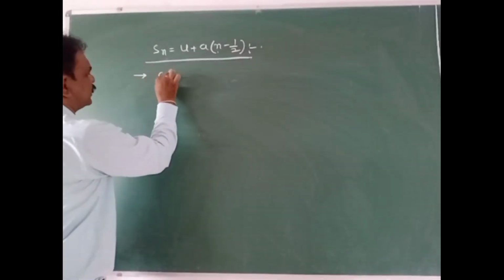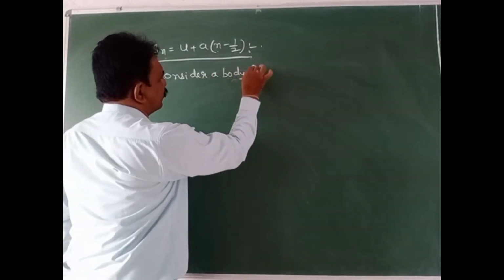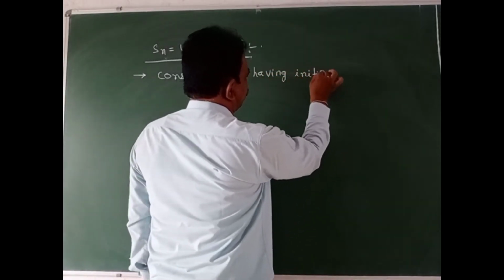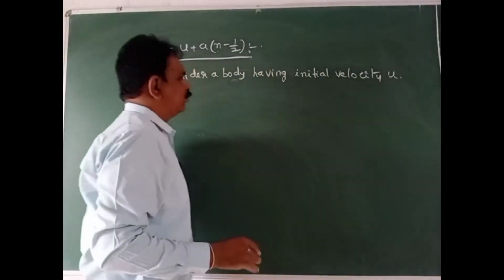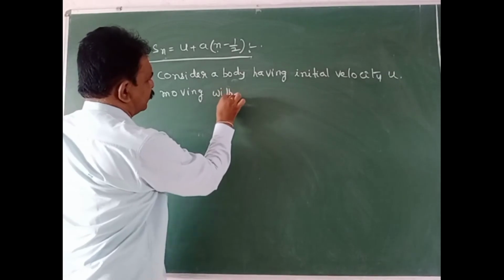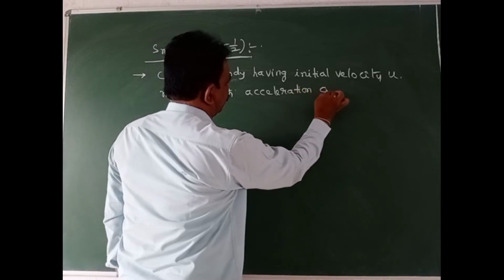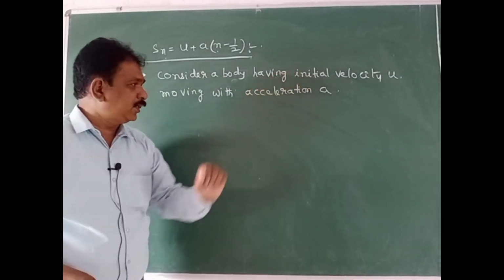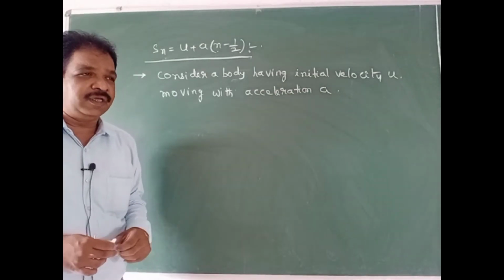So, consider a body having initial velocity u moving with acceleration a. I am considering one body like that.